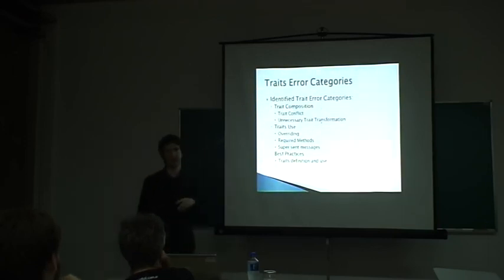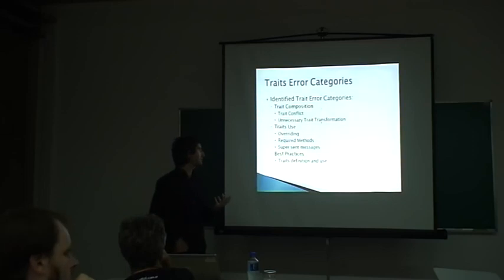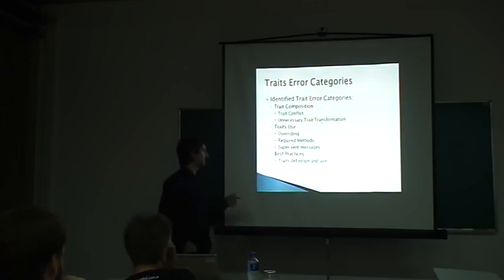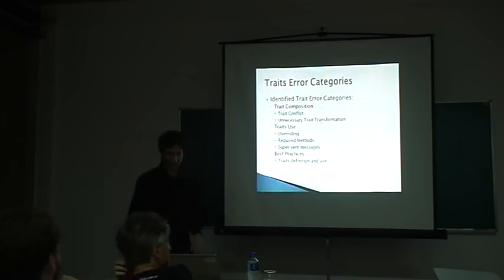So there is a kind of gray area about how to specify requirements on traits. Best practices are some basic things like, for example, naming traits starting with T or not, that kind of stuff.